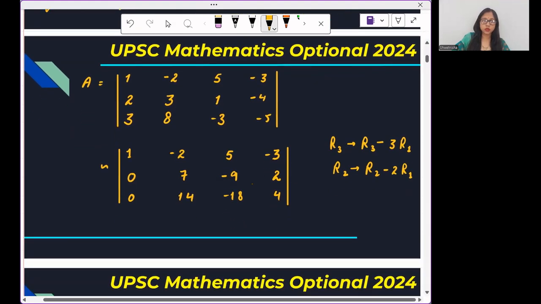And you can see it can be further reduced.